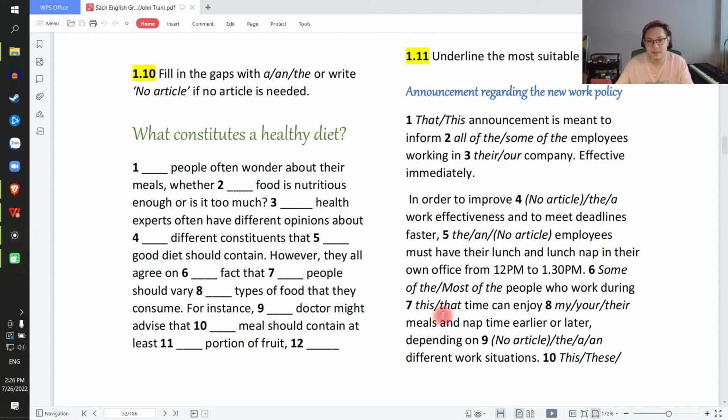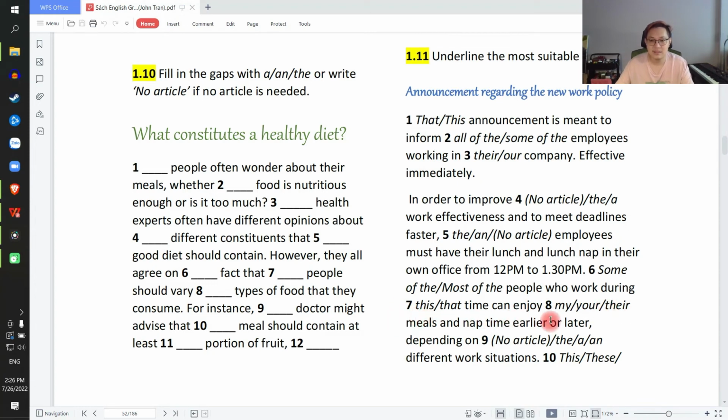So this or that is all okay when you're referring to something that has been said before. Some of the people who work during this or that time can enjoy their meals, because basically meals here belong to those people working during that time, you know. So it is their meal, not mine or yours. Cái meals này nó thuộc về những người này nè, cho nên phải của họ mới đúng.